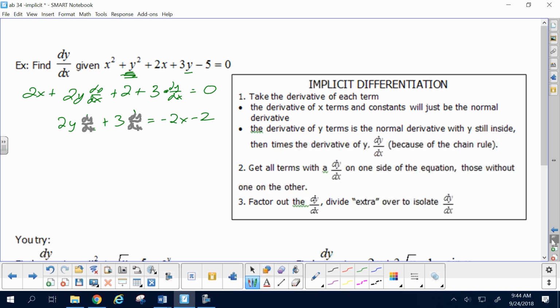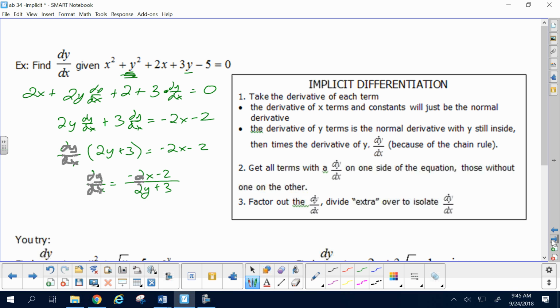Now then, how do we separate or extract the dy/dx's from that side? By design, every term over here has a common factor of dy/dx. So we can factor out the dy/dx because they all now have that common factor and divide, and so dy/dx then is negative 2x minus 2, that quantity, over 2y plus 3.